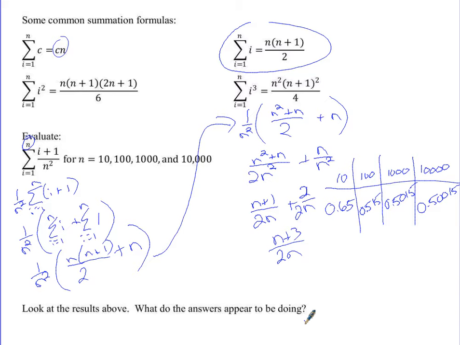If you were looking at the graph, the asymptote would be at 1/2. So therefore, as n gets closer to infinity, the sum approaches 1/2.